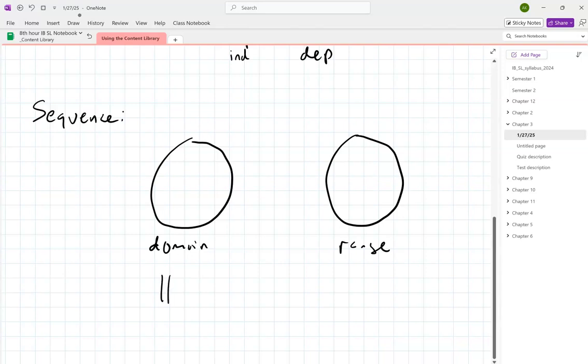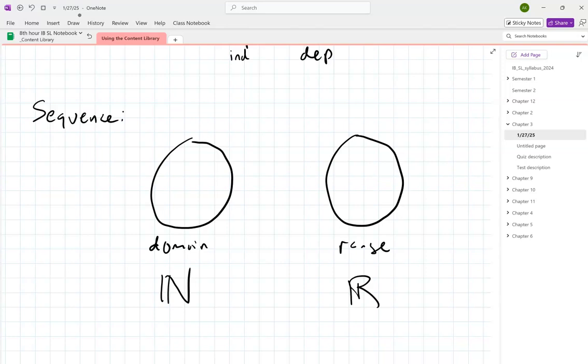In a sequence, our domain is always going to be natural numbers, so positive whole numbers like 1, 2, 3, 4, 5, 6. No decimals, no negatives, no fractions. Positive whole numbers only. The range, though, could be any real number. That's fine.